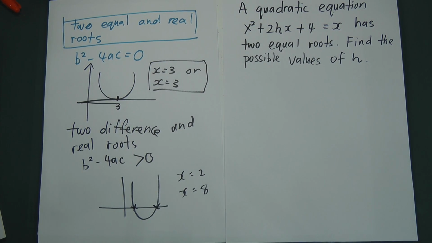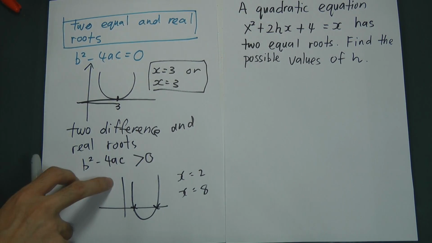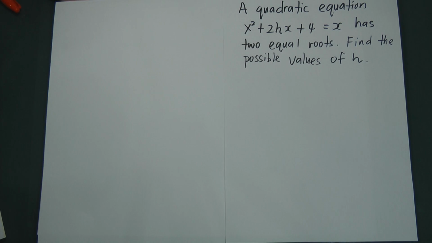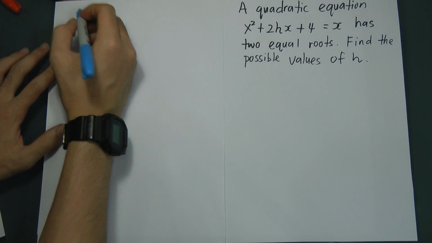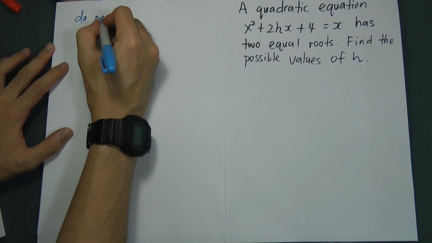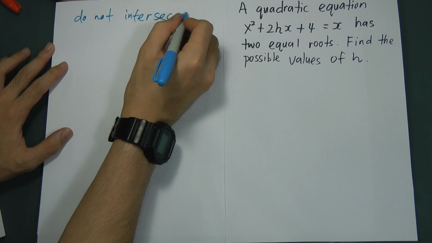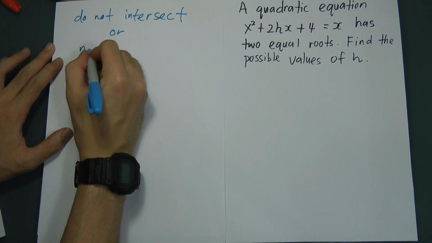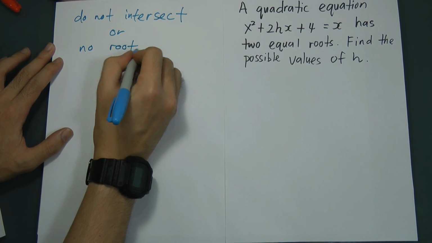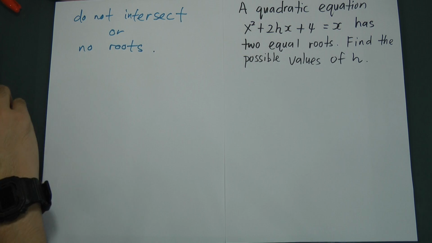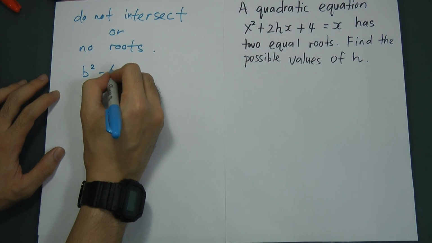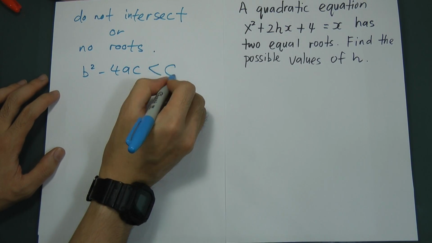And last but not least is when you see do not intersect, or sometimes they will say no roots. What is the meaning? It means that b squared minus 4ac is smaller than 0.